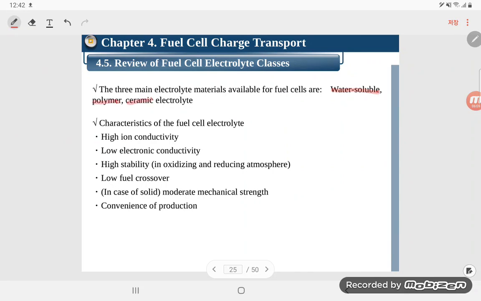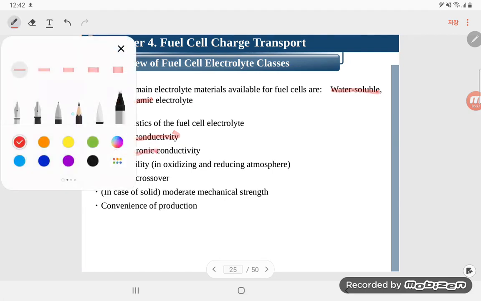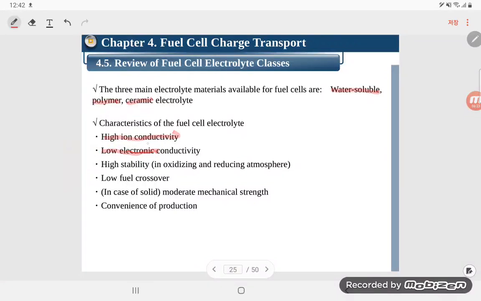So the characteristics of the fuel cell electrolyte, this is a requirement, right? High ion conductivity and low electrical conductivity, high stability in oxidizing and reducing atmosphere, and low fuel crossover.